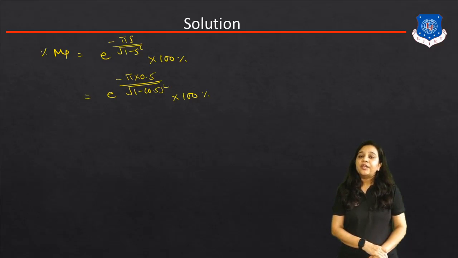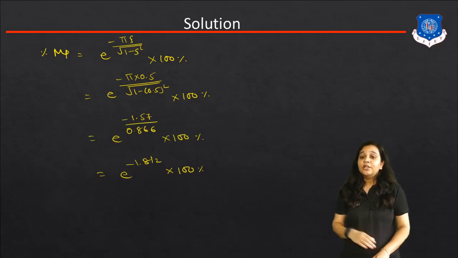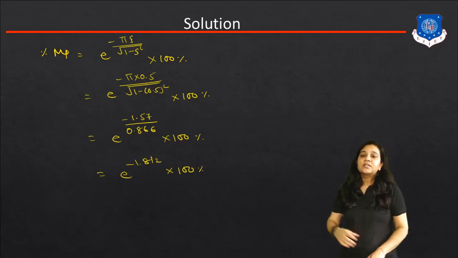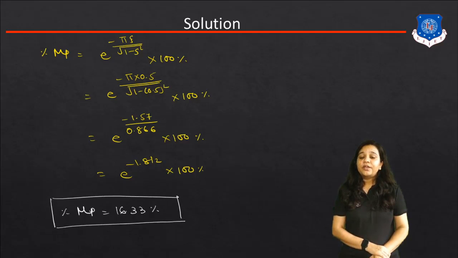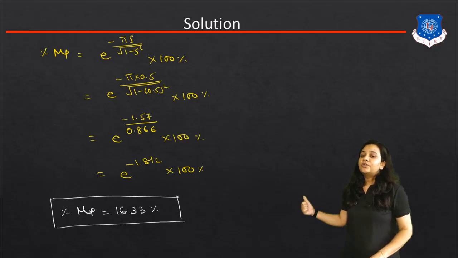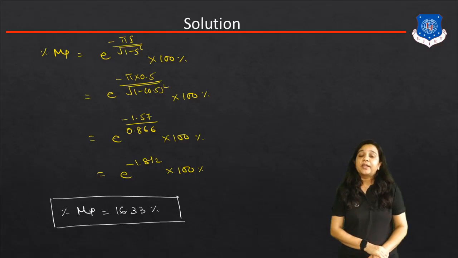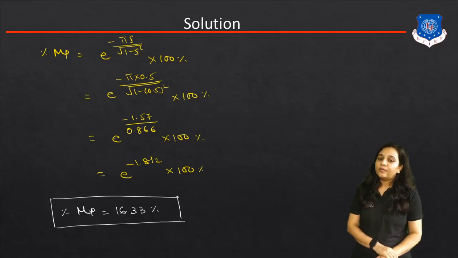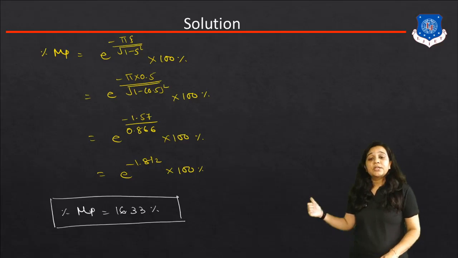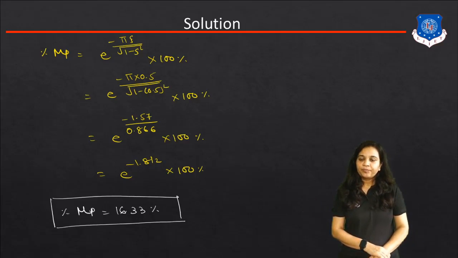That is equal to e raised to minus 1.57 upon 0.866 into 100%. So we get e raised to minus 1.812 into 100%, and the value of that is equal to 16.33. So we get the value of maximum peak overshoot Mp, that is equal to 16.33%. Clear?